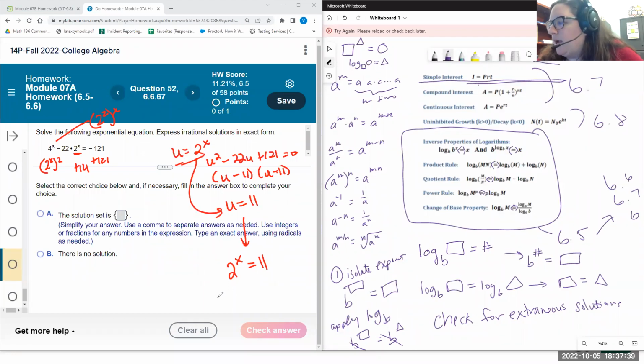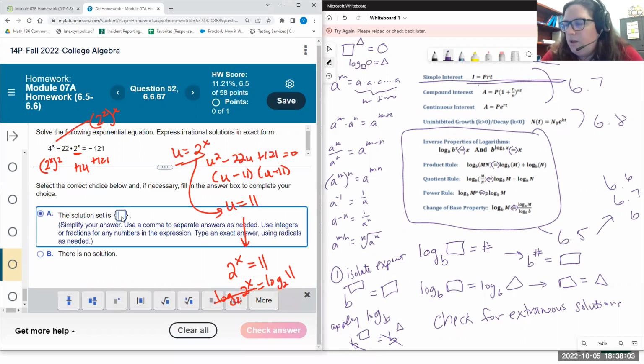And so then I would apply log base 2 potentially to both sides. You could do other base logs depending, like if you can't calculate log base 2 of 11 on your calculator, then you might want to just default to applying a common log or a natural log. So we get x equals log base 2 of 11. And they want not a calculator result, they just want the exact answer.